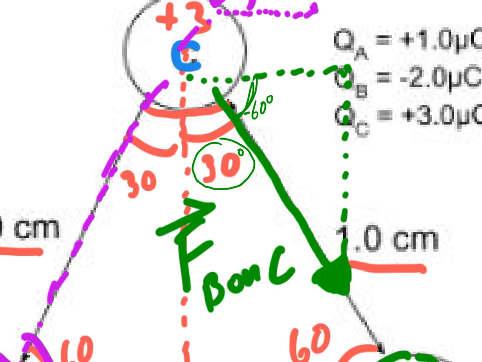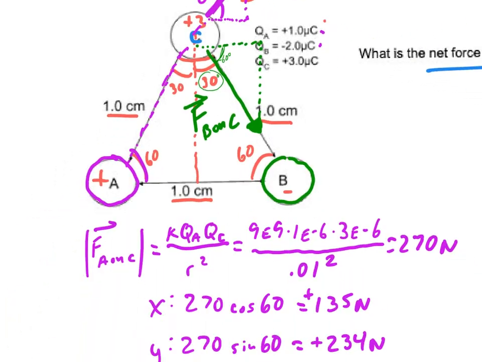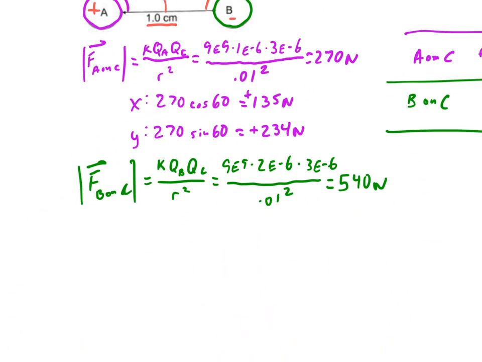So to break up F of B on C into components, the x part will be equal to 540 cosine of negative 60, and the y part will be equal to 540 sine of negative 60.